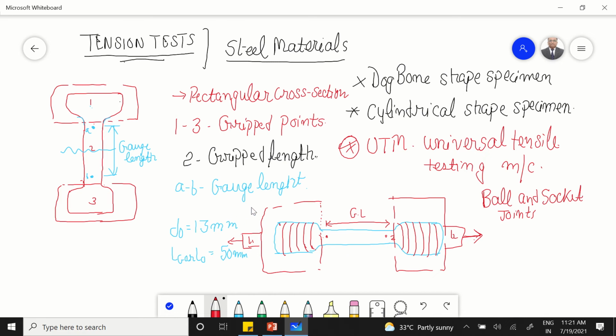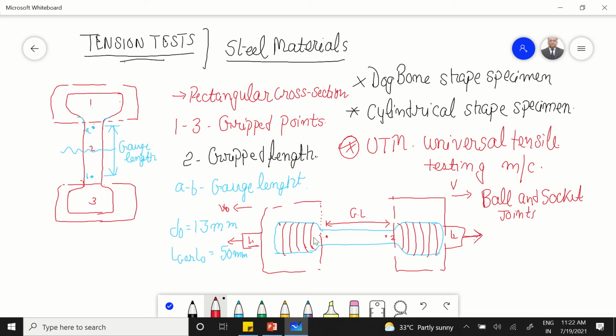One gripper will move in this direction with a velocity v, and the other gripper will move in this direction with an equal velocity v. Due to these velocities, there will be some load produced by the deformation of this specimen, which will be recorded by load cells L1 and L2.